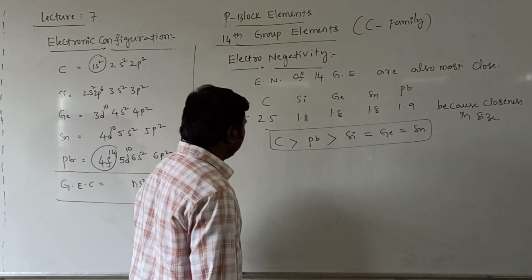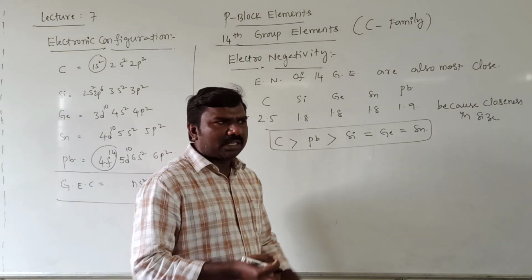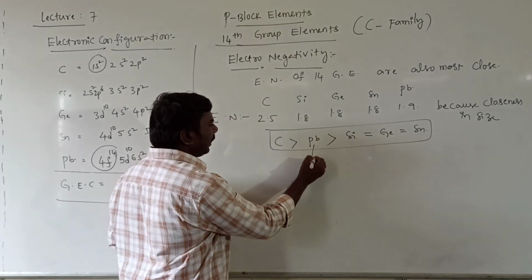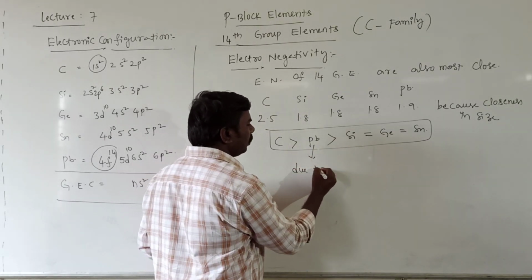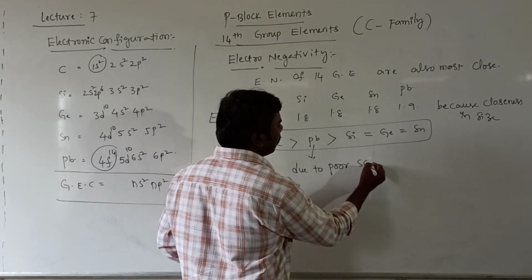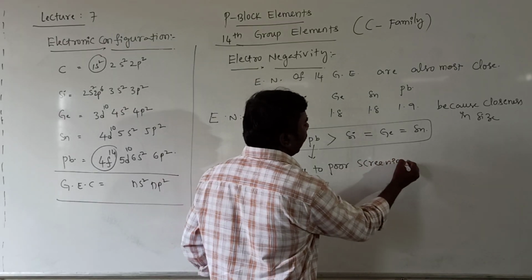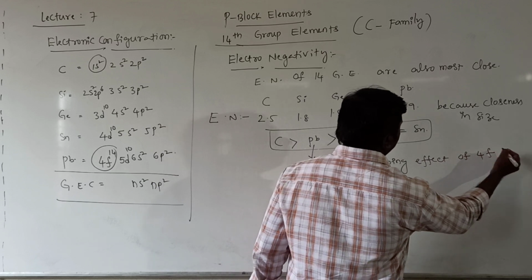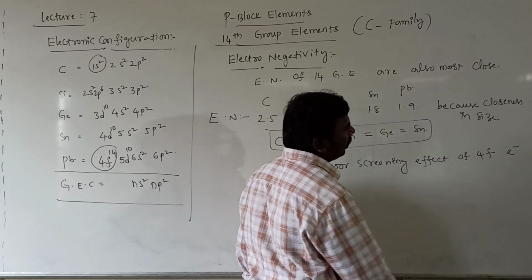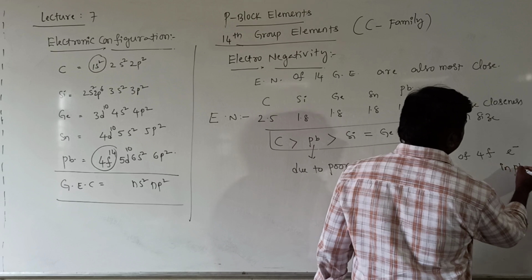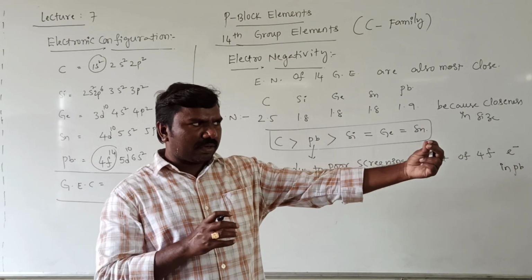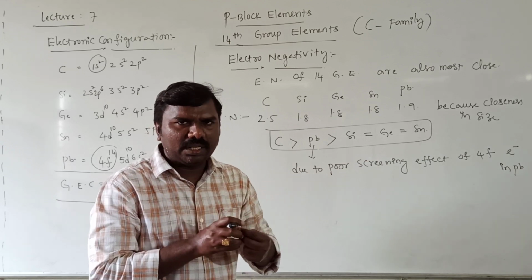It means carbon is a small element, that's why it easily attracts the electron, that's why it has more electronegativity. Lead, due to the poor screening effect of 4f electrons in lead. Poor screening means the outermost electron is easily attracted towards the nucleus.